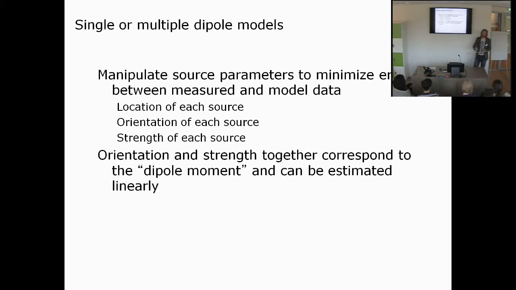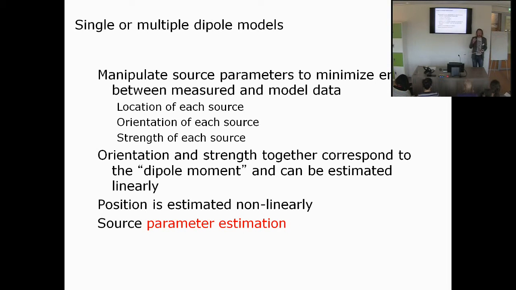We can describe this as a vector, and the vector has a certain orientation and a certain length. So quite often the dipole moment will be described, where dipole moment refers to orientation and strength together. The dipole moment relates linearly to the field distribution, so it can be estimated linearly. Position is estimated nonlinearly. That's why we typically separate position from dipole moment.